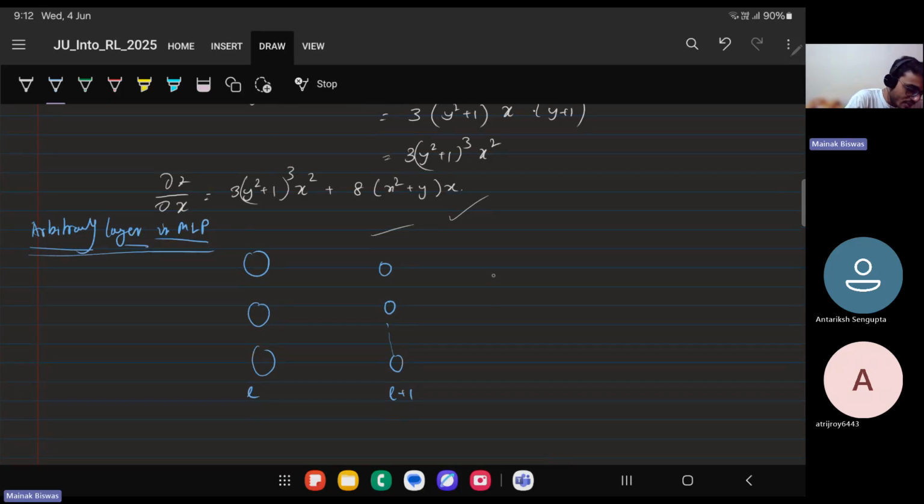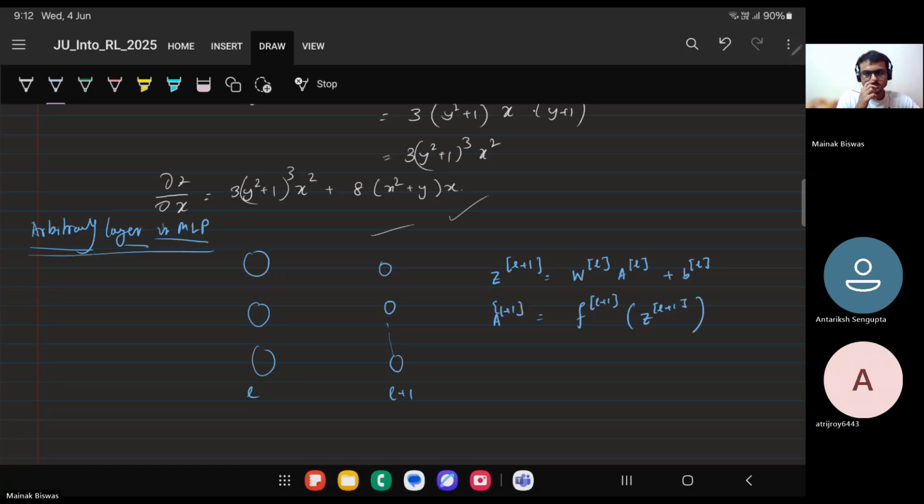So tell me the forward propagation equations here. Z L plus 1 is equal to W L A L plus B L. Do you agree? Right? Yes. And A L plus 1 is F L plus 1 of Z L plus 1. Agree with this also?